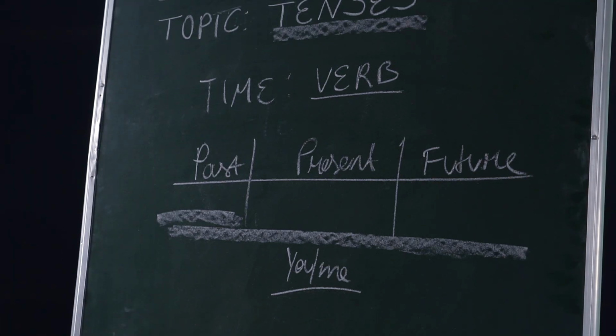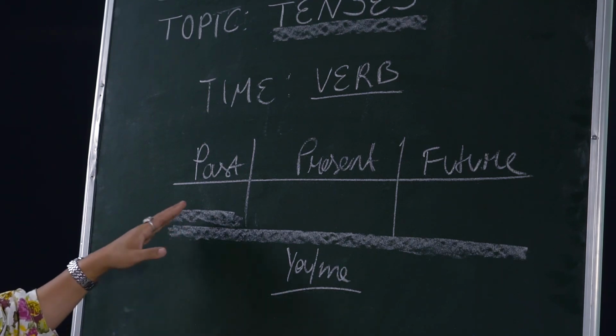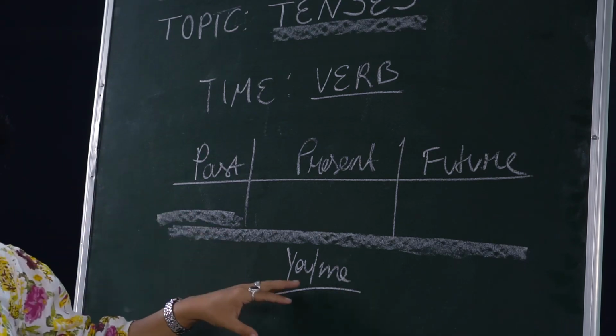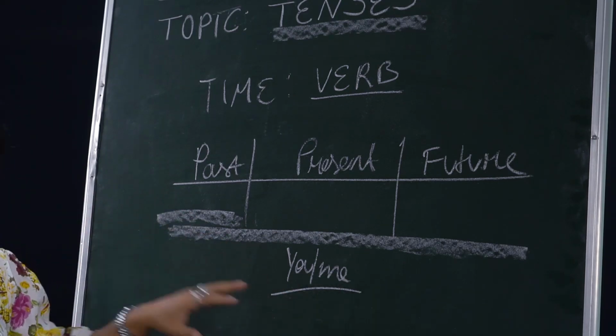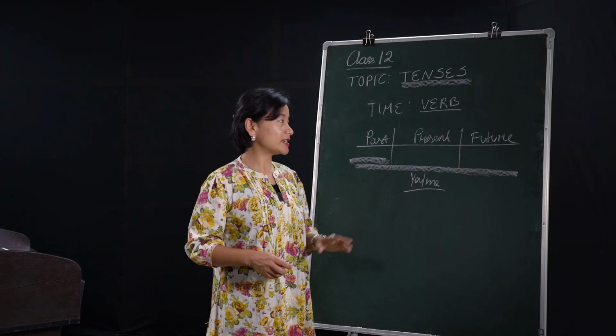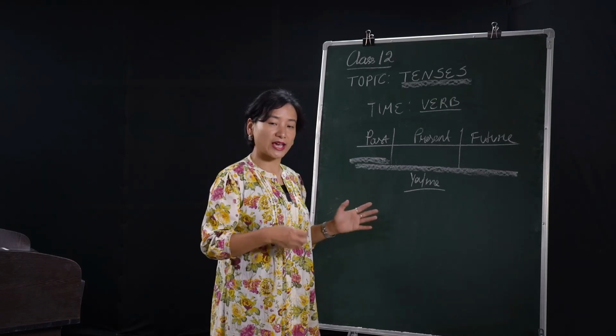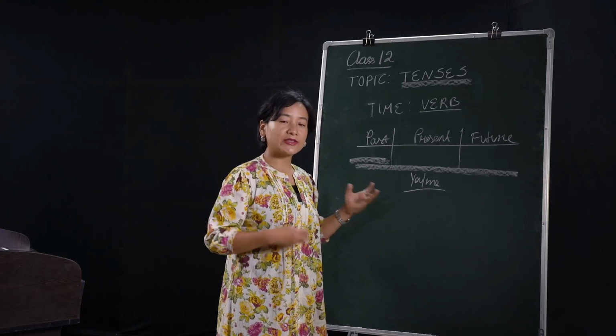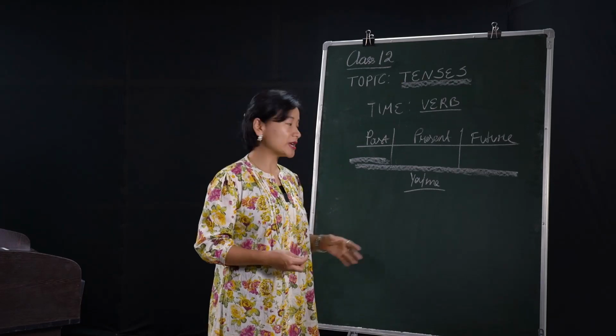When we are talking about an action or an event that happened in the past, we are referring to the past tense. When we are referring to an action that is happening at the moment of speaking, that action is in the present. And the speaker is always in the present.